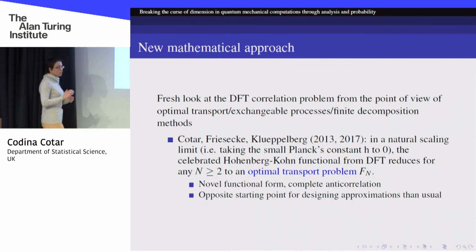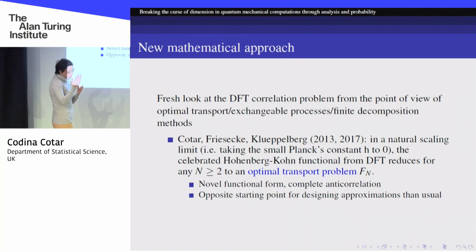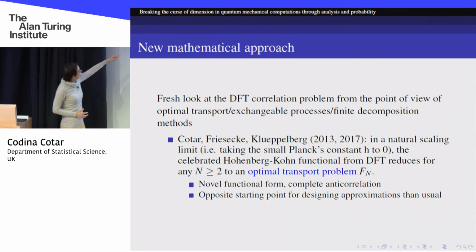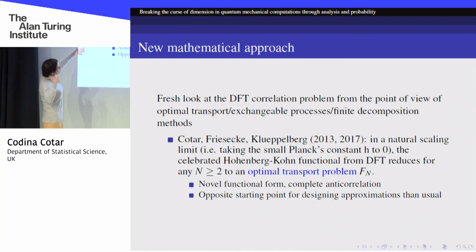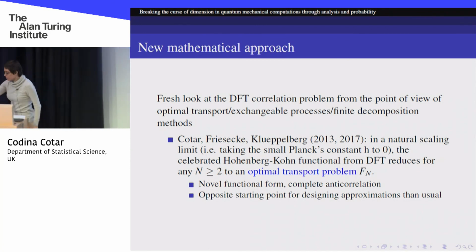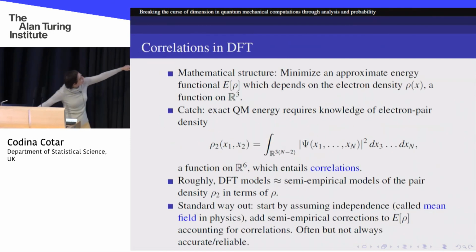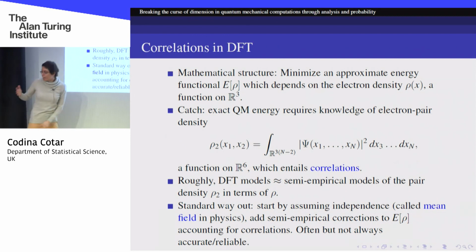And this is a completely new form. It keeps the correlation structure of the measure, so it allows us to find ρ2 with a good correlation measure.